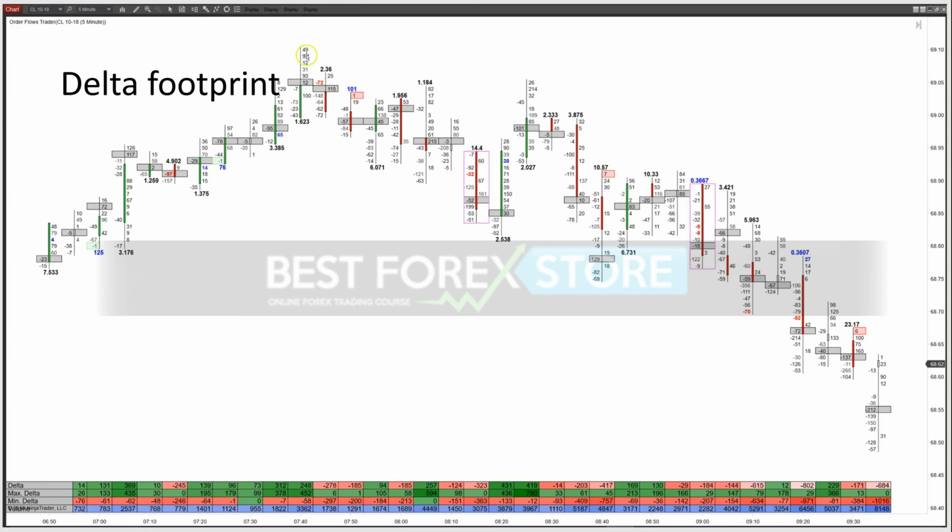You can see there's positive numbers on the right-hand side and negative numbers on the left-hand side. You still have your bar, your green candle, your red candle for your normal price action in the bar. But if it's a positive number on the right-hand side, it tells you at that price level there was positive delta.